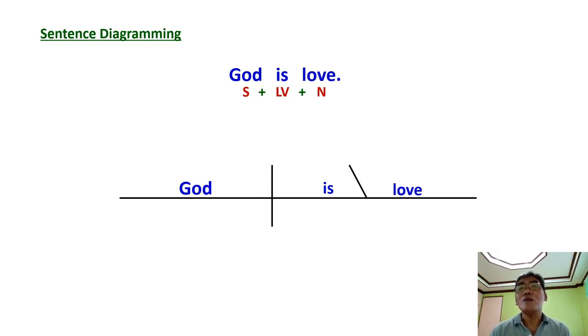There are also no word, phrase, or clause which are related to our predicate. So we need also to leave the lower right section blank. This is how to diagram the sentence, God is love.